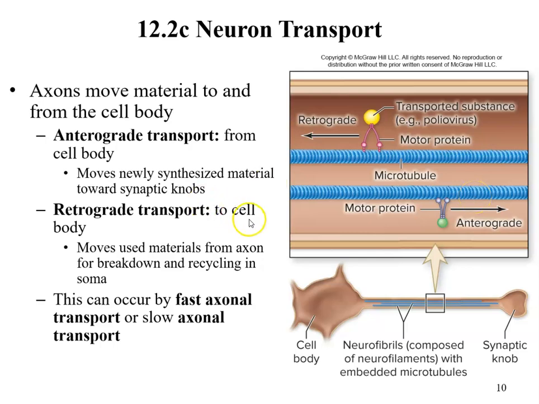Retrograde transport is the opposite direction. It's moving towards the cell body. And this moves used materials from the axon up to the cell body for breakdown and recycling. This can occur by fast axonal transport or slow axonal transport.